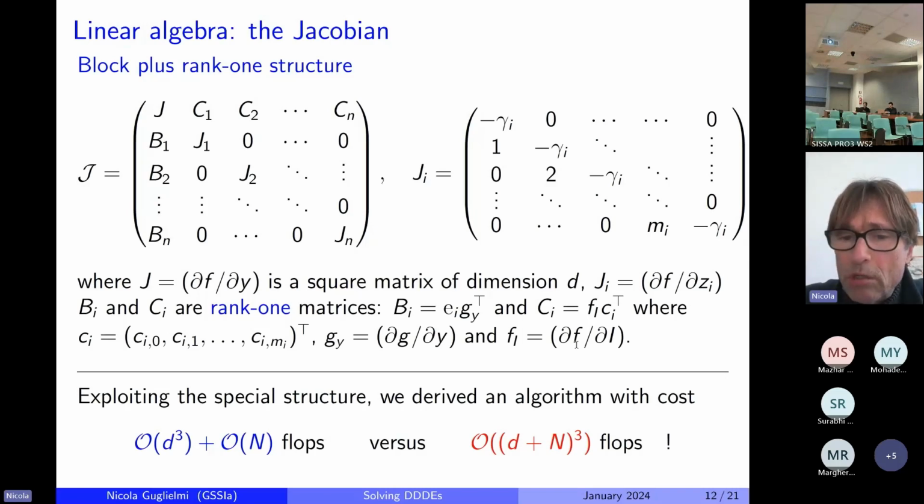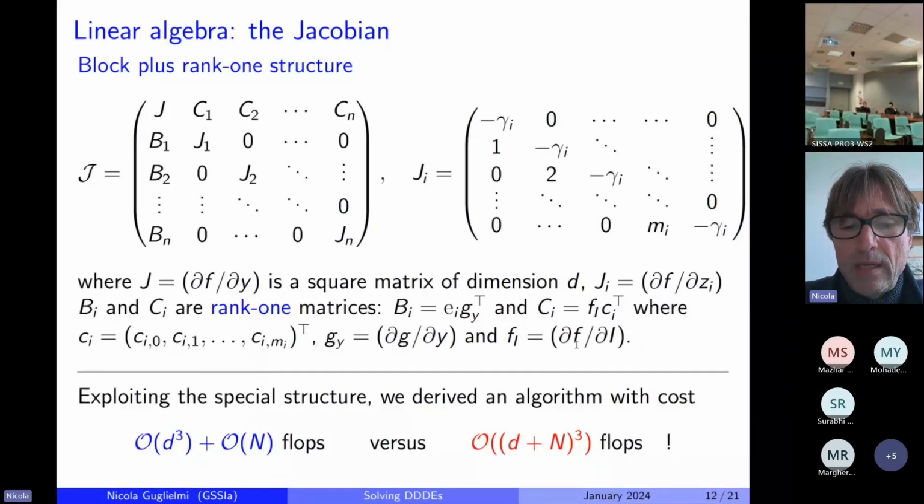So to make it short, all of this can be solved very efficiently by linear algebra, because the complexity is not cubic, as with the full linear algebra Gauss solver, but just linear in n. So exploiting this special structure, rank 1 arrow kind, we are able to obtain a solver which has a complexity only linear in the number of additional ODEs.